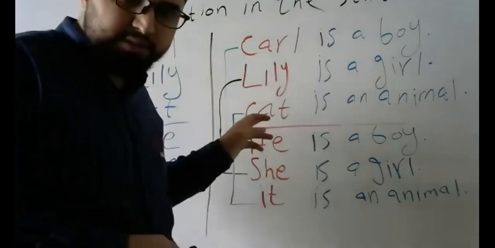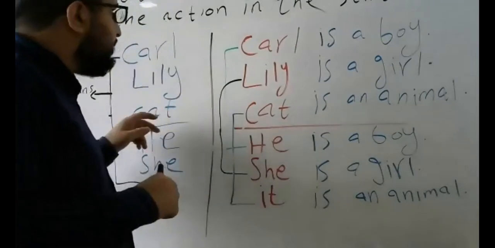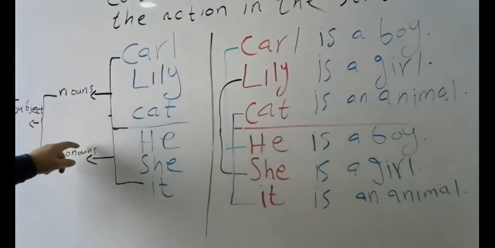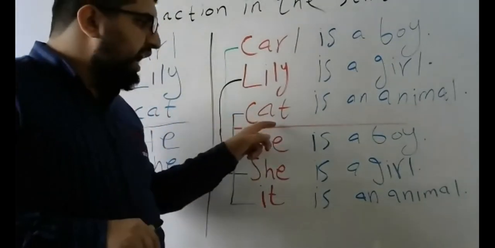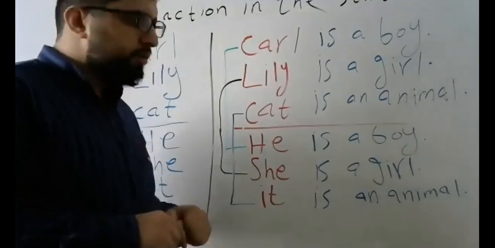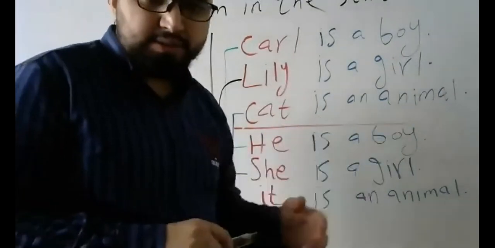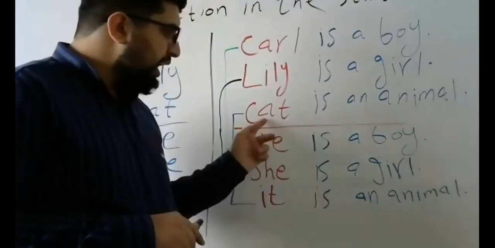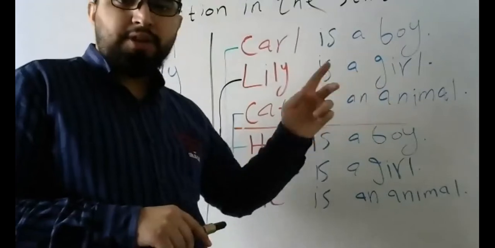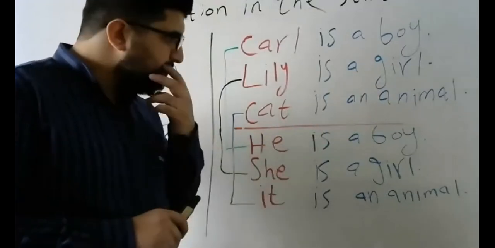A cat. Cat, as we said, animal, okay? Cat is an animal. Cat is fast. Cat is lovely, okay?